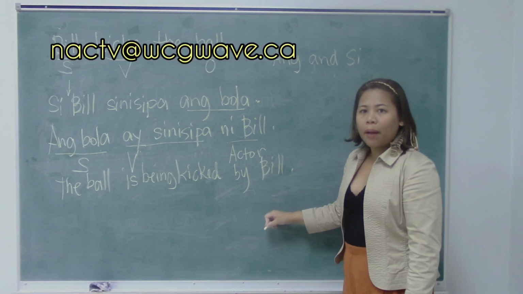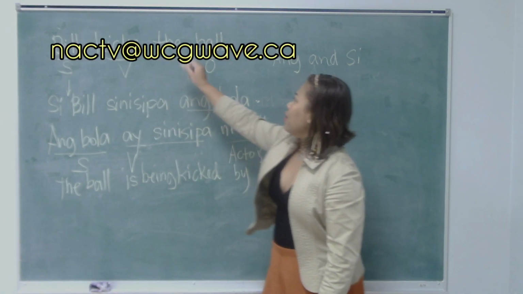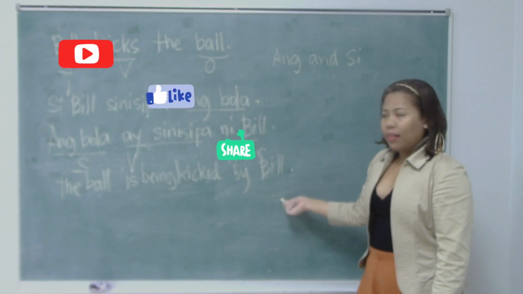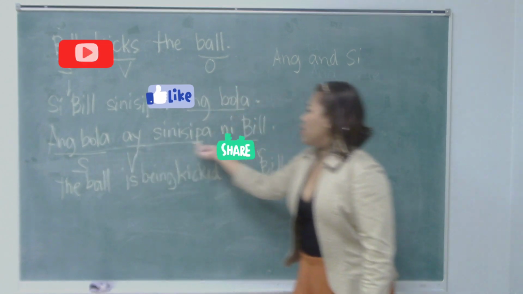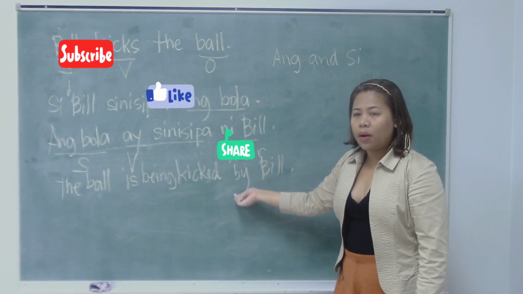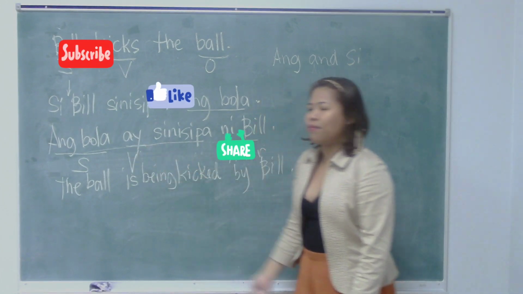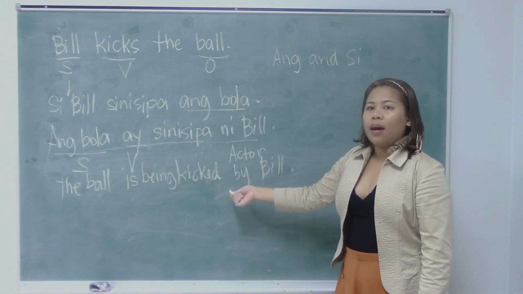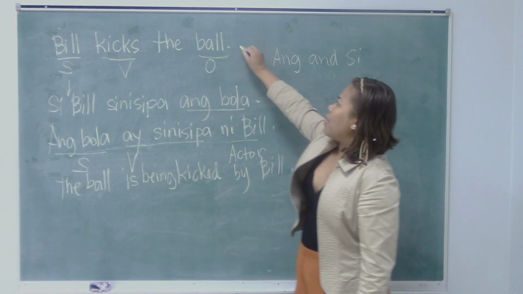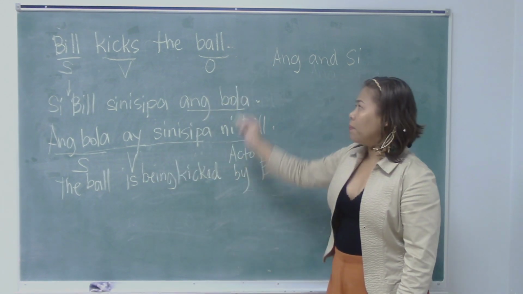Now it sounded like a passive voice in English. Bill kicks the ball. The ball is being kicked by Bill. This is what it is. When we translated this in Tagalog, in Filipino, it is in passive voice. So it became the actual translation of the English passive voice for this particular sentence.